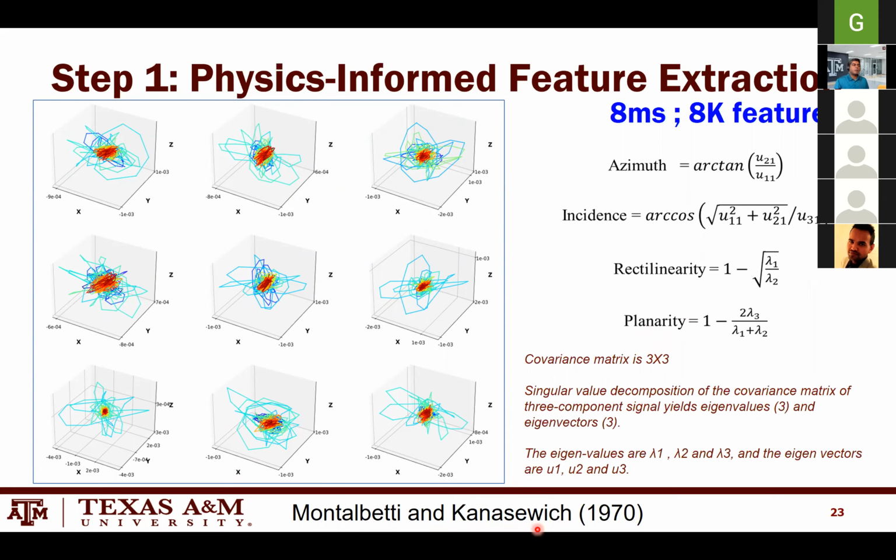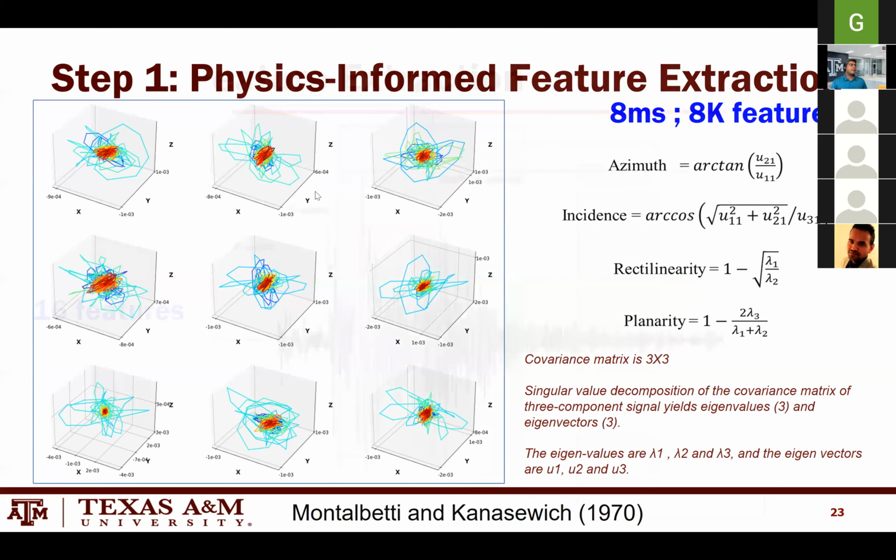It's a pretty old paper, but it performs singular value decomposition on the covariance matrix of these three-component signal data, and then extracts the eigenvectors and eigenvalues. From there, they extract azimuth, incidence, rectilinearity, and planarity, which describe the elliptical or ellipsoidal nature of these motions.